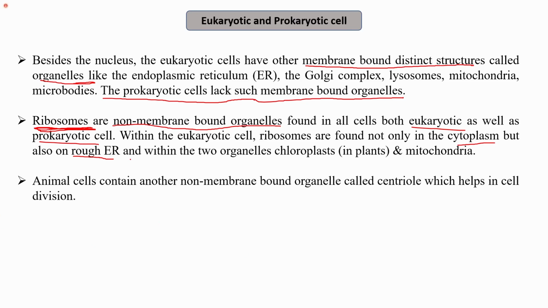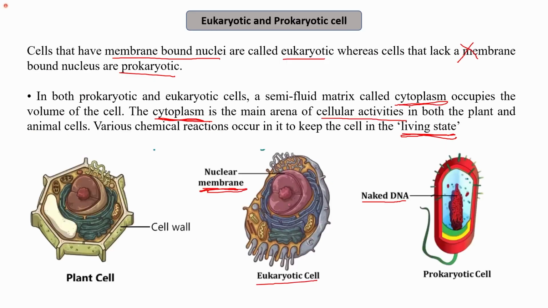So basically, we can say that the organisms that have non-membrane-bound organelles like ribosomes and a non-membrane-bound nucleus are said to be prokaryotic cells, while the organisms or cells that contain membrane-bound nuclei, that is, they have a distinct nuclear membrane surrounding the nucleus of the cell, are called eukaryotic cells.